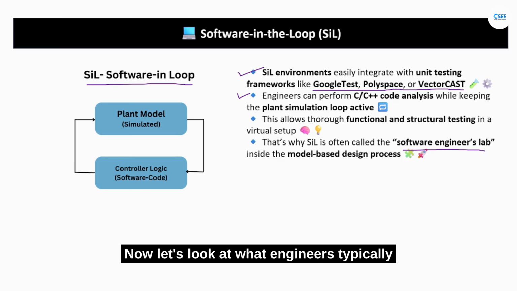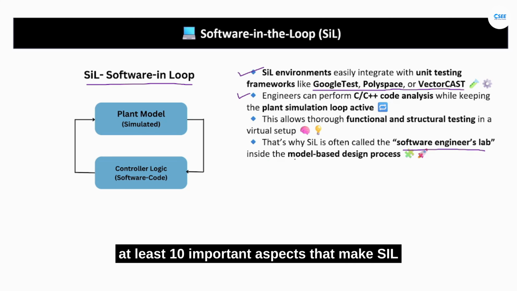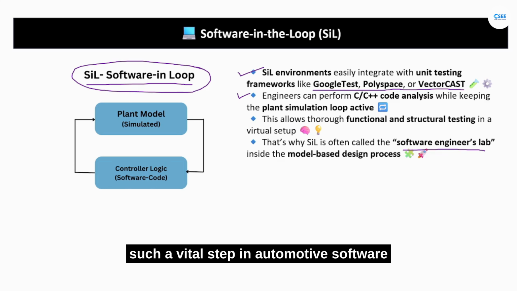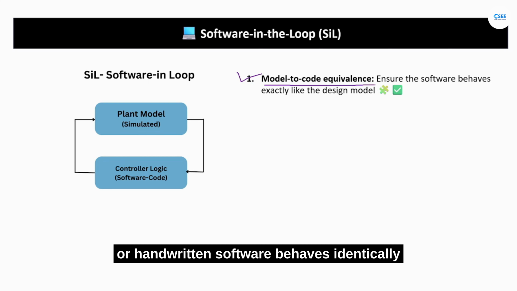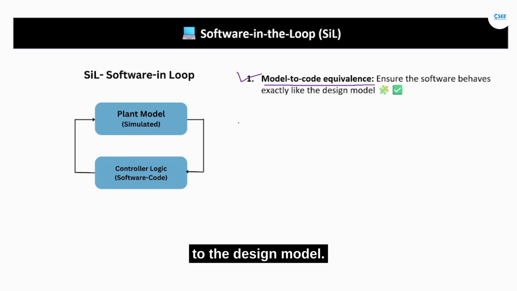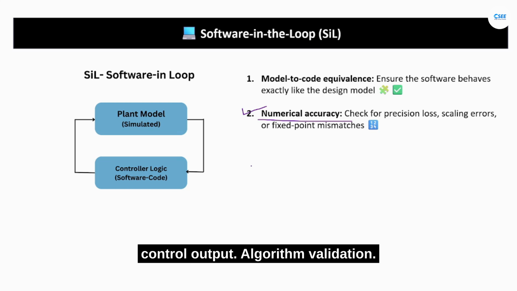Now let's look at what engineers typically verify in SIL. There are at least 10 important aspects that make SIL such a vital step in automotive software validation. Model to code equivalence, ensuring the generated or handwritten software behaves identically to the design model. Numerical accuracy and data type validation, checking for precision loss, scaling errors, or fixed-point mismatches that can affect control output.